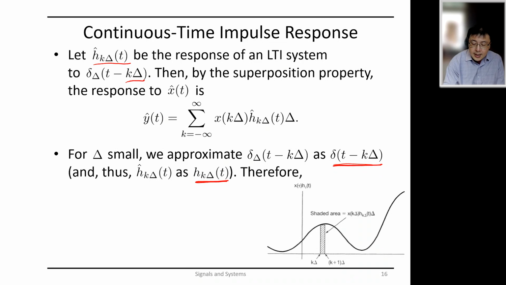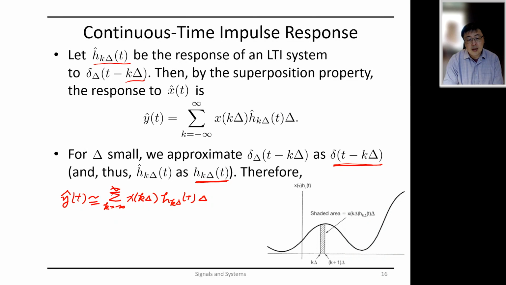Then this y hat can be approximated as the summation of x of k delta, h sub k delta of t, delta. We're approximating this h hat with this impulse response h sub k delta of t.